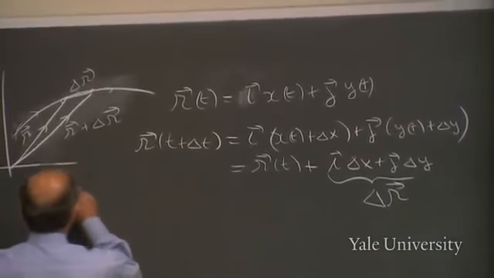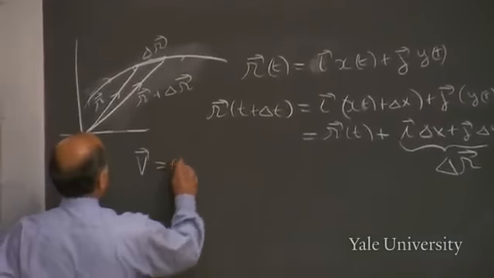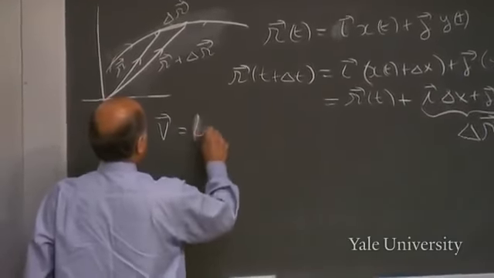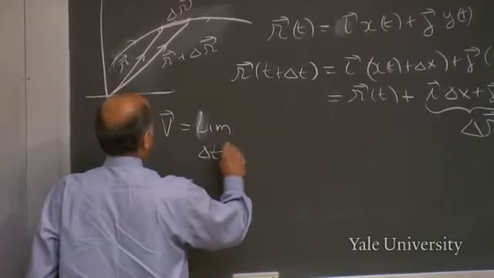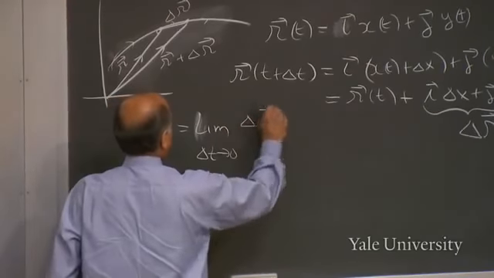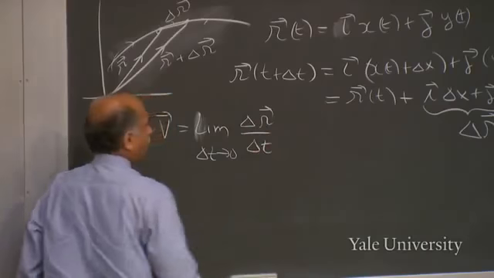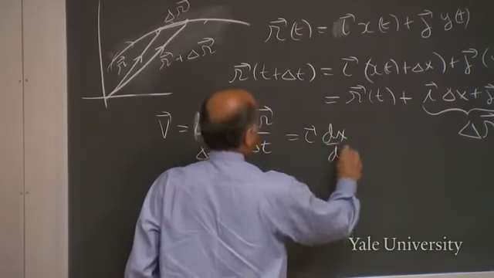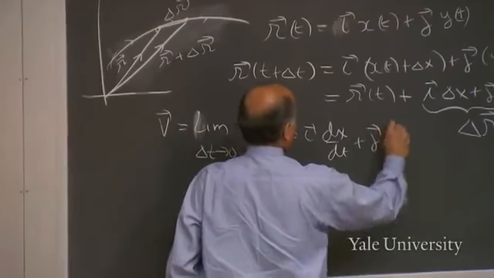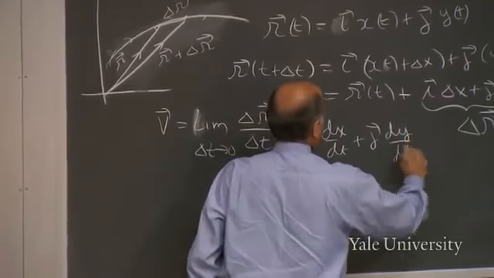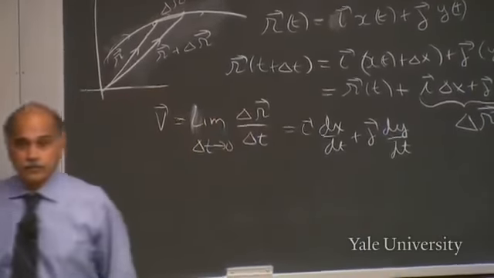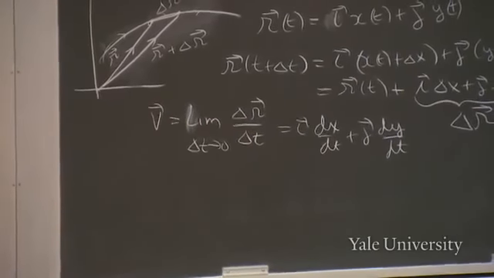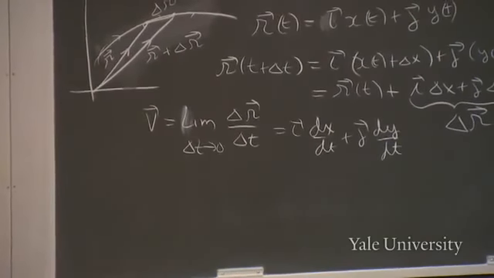Therefore, we will define what's called the velocity vector, which is, if you want, the limit as delta t goes to 0 of delta r over delta t. And you can see that is going to be i times dx/dt plus j times dy/dt. So you can actually take derivatives of a vector with time.